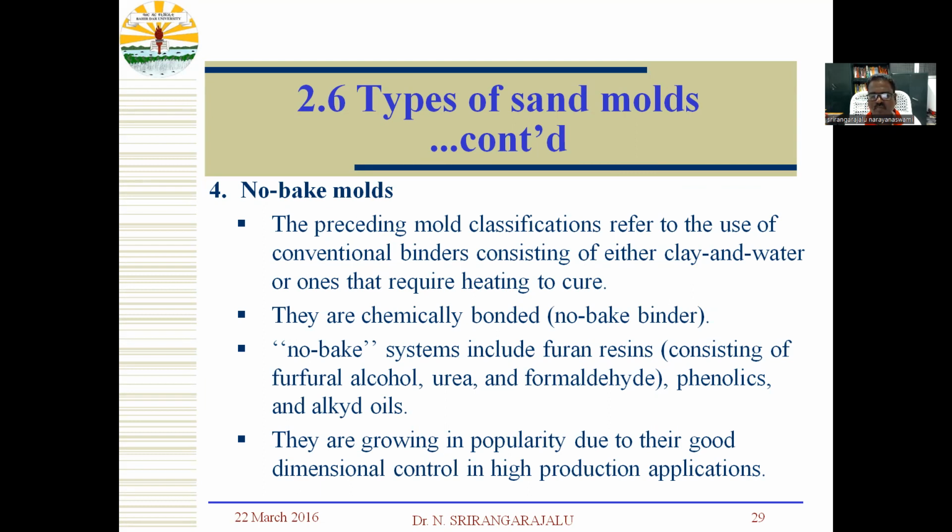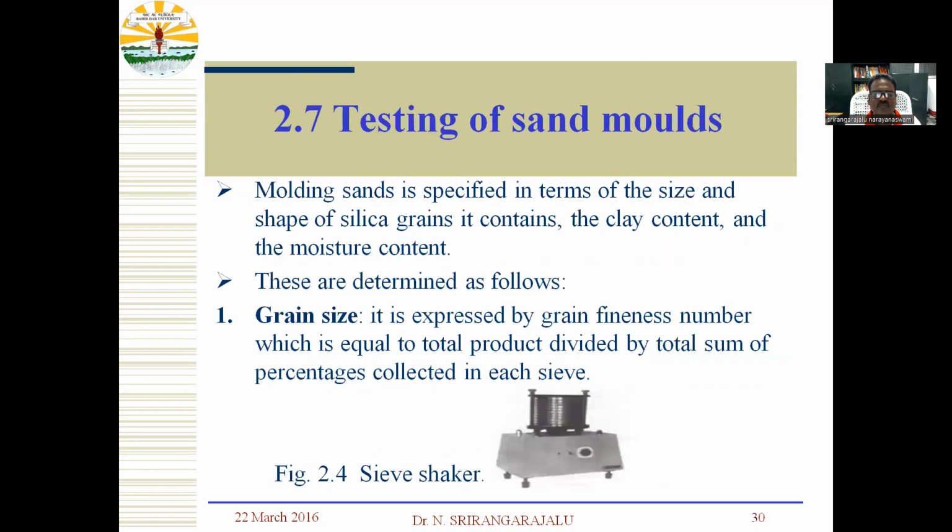No-bake systems are chemically bonded, and the binders include furan resins consisting of furfuryl alcohol, urea, and formaldehyde, phenolics, and alkyd oils. They are growing in popularity due to their good dimensional control in high production applications.